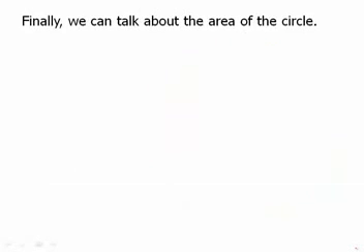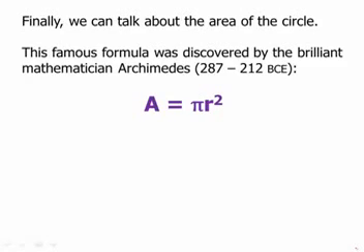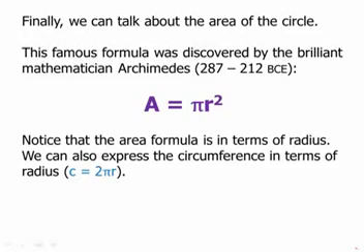Finally, we can talk about the area of the circle. This famous formula was discovered by the brilliant mathematician Archimedes. Archimedes was really one of the greatest mathematicians of all time, and his formula is area equals pi r squared. We notice that the area formula is in terms of the radius.